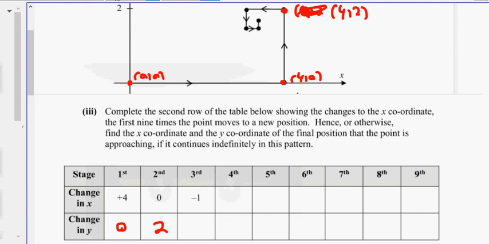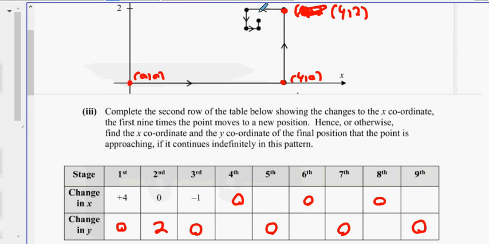Then we went to minus 1, but we had 0 change in y. So every second turn is going to be 0, and every second turn here is going to be 0. Okay, so that's a good start off, because it halves every time.